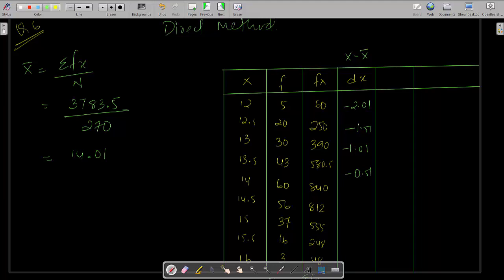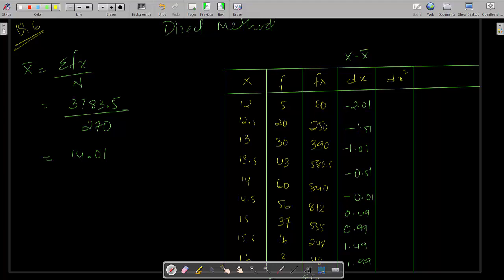Next, minus 0.01. Next, 0.49, 0.99, 1.49, and lastly 1.99.